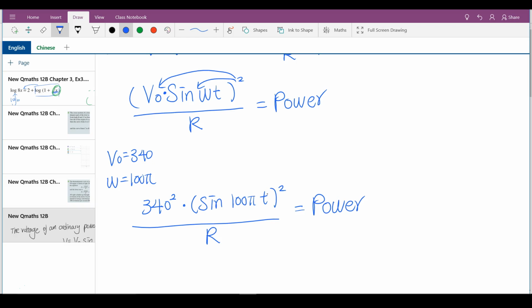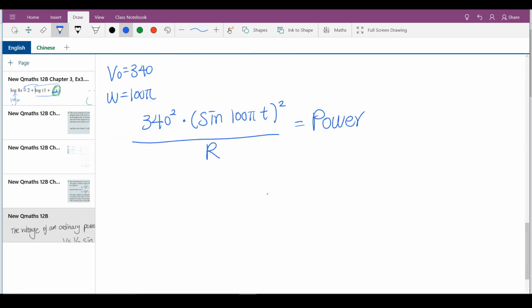Okay, so if you want, we can calculate what 340 squared is right now. 340 squared is, woohoo, big number, 115,600. All right, and this one stays the same.